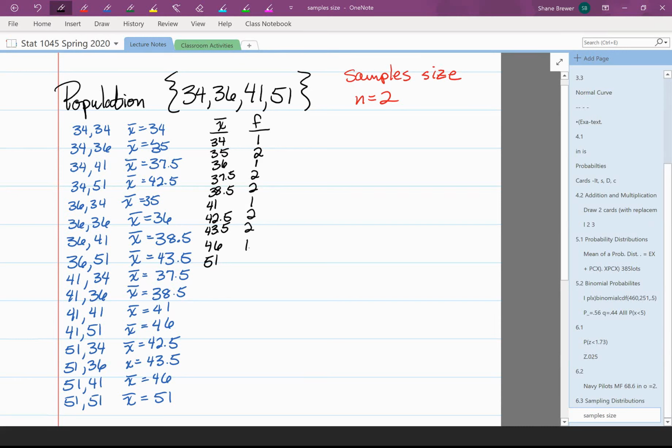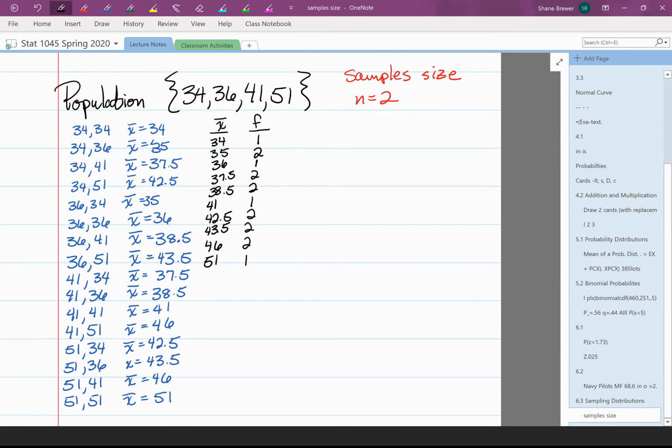No. 46 is going to show up another time twice. 51, one. So there should be 16, 6, 13, 10, 11, 12, 14, 15, 16. Hey, we got it. Right?